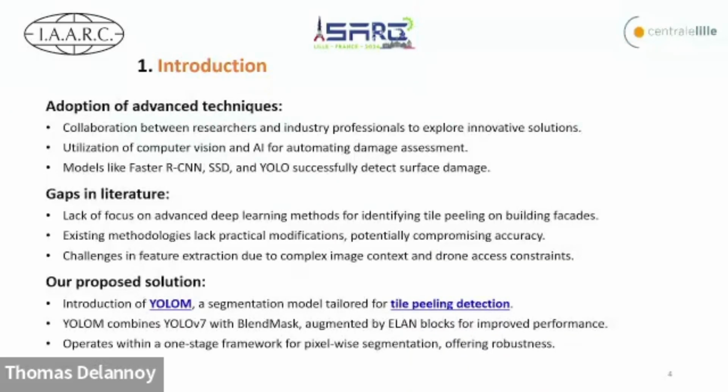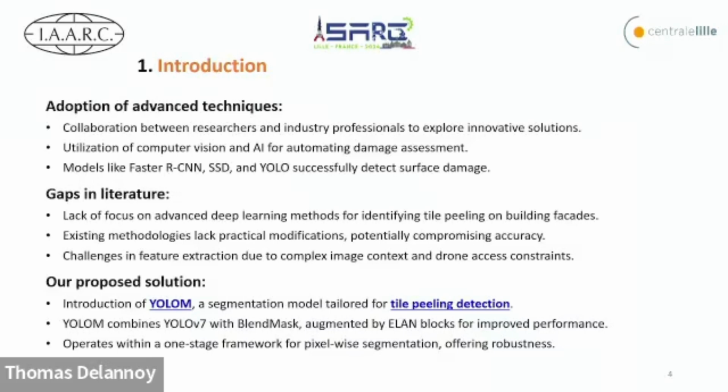Besides, currently we all know that AI is applied in construction engineering, utilizing computer vision and AI for automating damage assessment. There are many models like Faster R-CNN, SSD, and YOLO that successfully detect surface damage like concrete cracks.